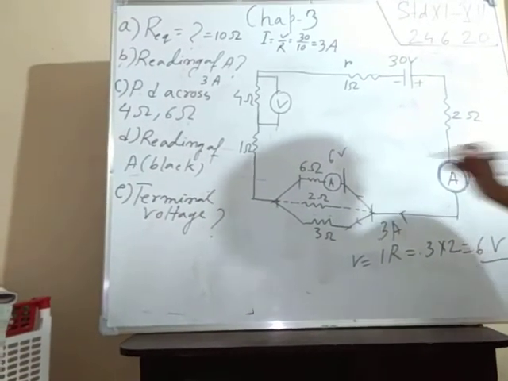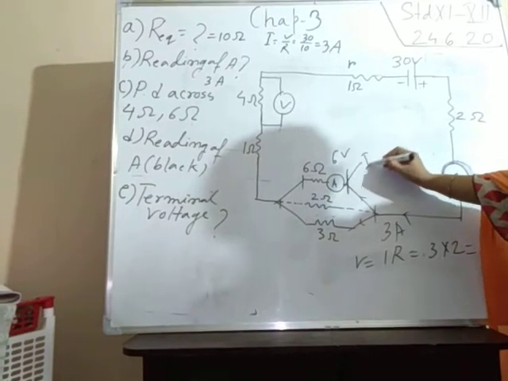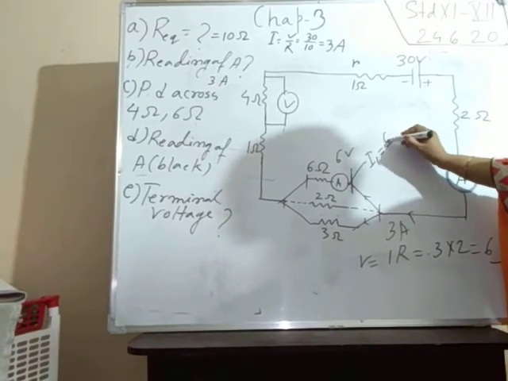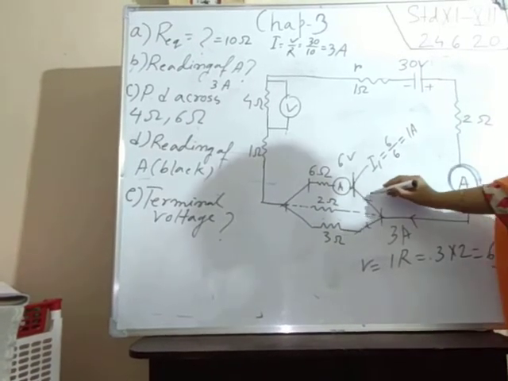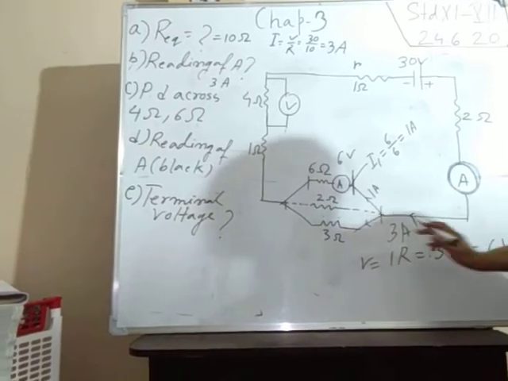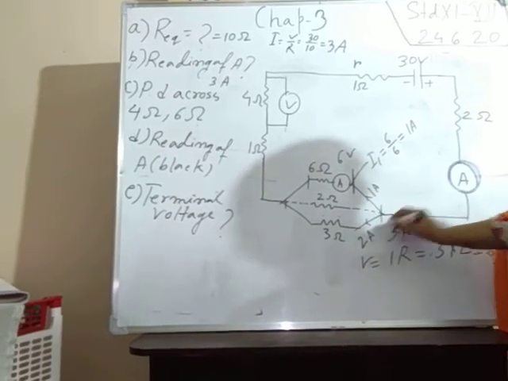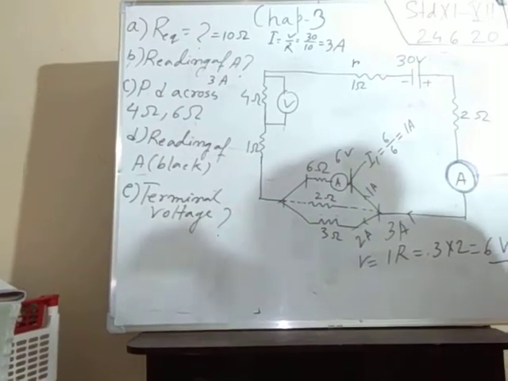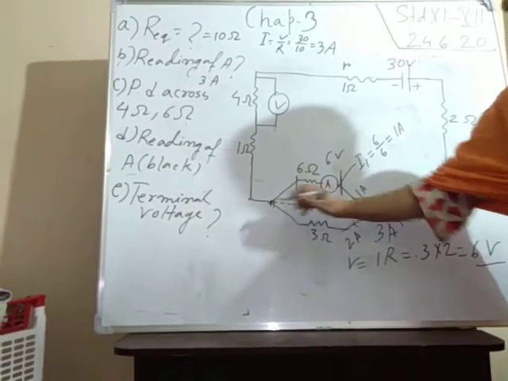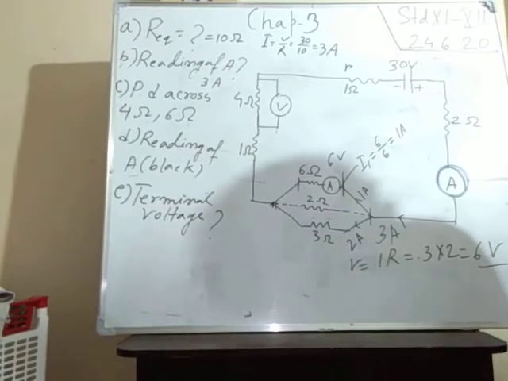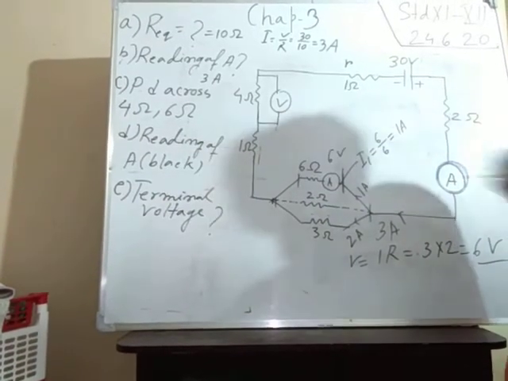V by R. So here through this the flowing current I1 will be 6 by 6, that is equal to 1 ampere. That means 1 ampere current flows through that direction and obviously 2 ampere current flows through this direction. And these 1 ampere and these 2 ampere at this point again becomes 3 ampere and will go through 1 ohm resistance and also 4 ohm resistance.